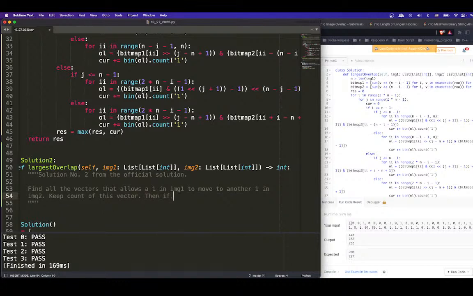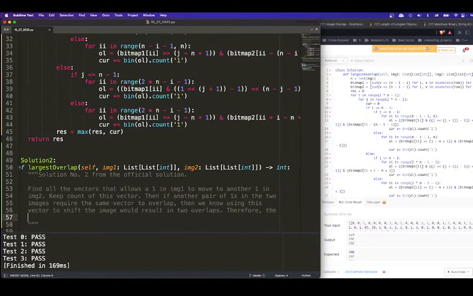Then, if another pair of 1s in the two images require the same vector to overlap, then we know using this vector to shift the image would result in 2 overlaps.